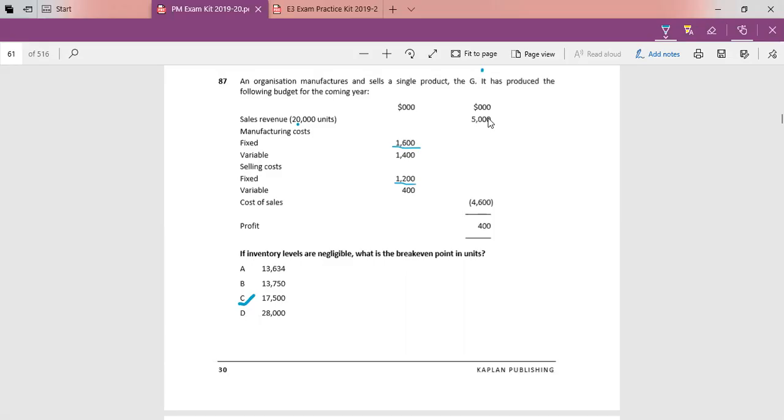Let's simplify that. We can eliminate that or just divide 5 million by 20,000 units if you're not comfortable with decimals. So if it is 20,000, it should be 250.